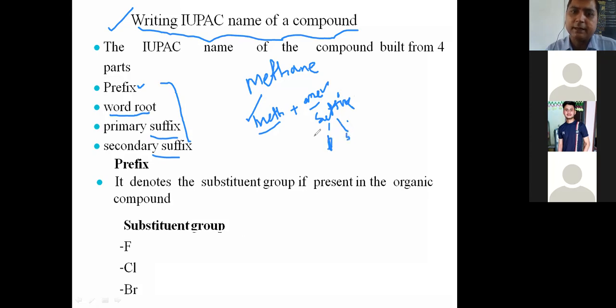And the prefix also contains the root name as well as the prefix, which we will discuss later on. Sir, are root name and prefix both the same? No, there is a little bit of difference. I am taking live examples. For example, this is the compound.